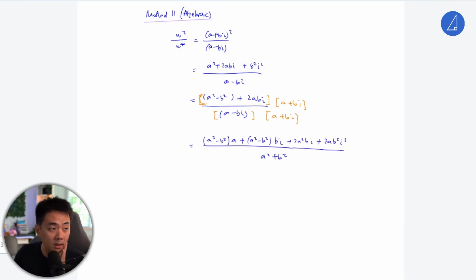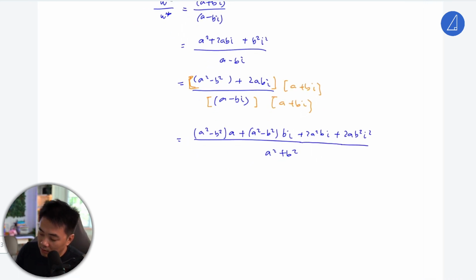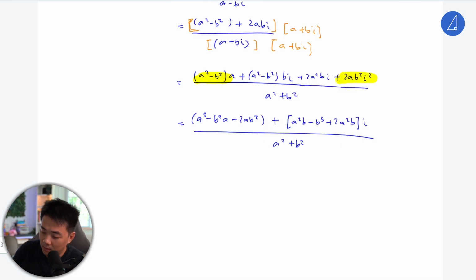What you want is actually the real part, so you don't really need to care about the imaginary part. The real part will be this guy and this guy here. The imaginary part you could group on one side, not an issue. From here, we have this real part. You know that purely imaginary just means the real part will be 0.